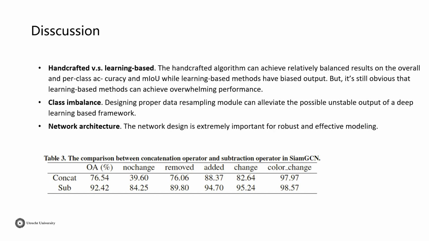We investigated the difference of these two operators in the siamese GCN algorithm, and the results are summarized in Table 3, and we draw the conclusion that the subtraction operator is more effective and natural for our 3D change detection task.